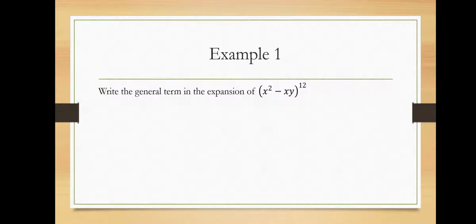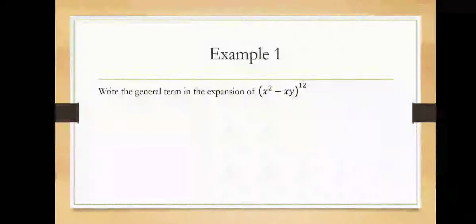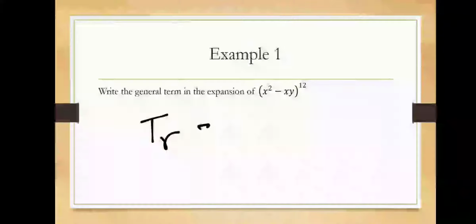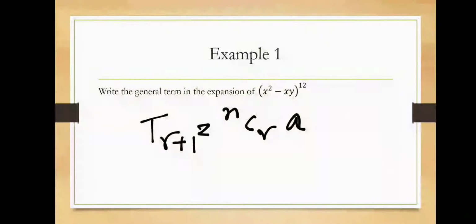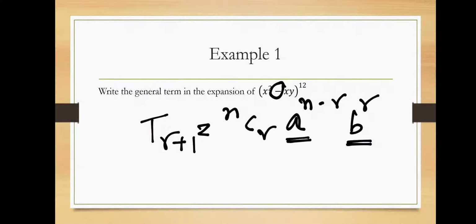The general term formula is t r plus 1 equals n c r a to the power n minus r times b to the power r. So here a stands for the first term, b stands for the second term. Now obviously if there is a sign involved, then I will consider it with sign, or we can just multiply with minus 1 to the power r. We can do it both ways.